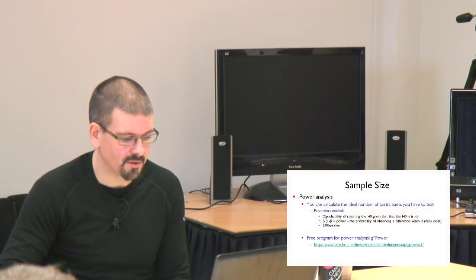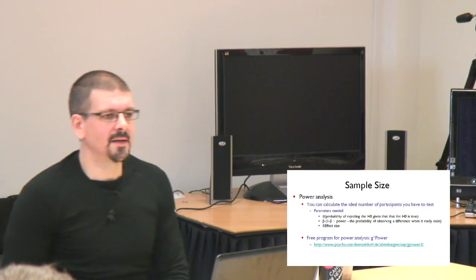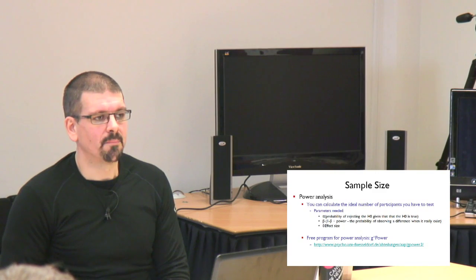Those are normally given and set at 5% and 80%. But the effect size, that's what you have to come up with or design. Either make your best informed decision from your research, or ideally base it on prior research. And then you can plug this into this power analysis tool, and then it tells you the ideal sample size.